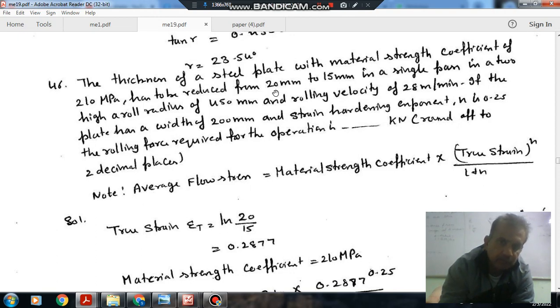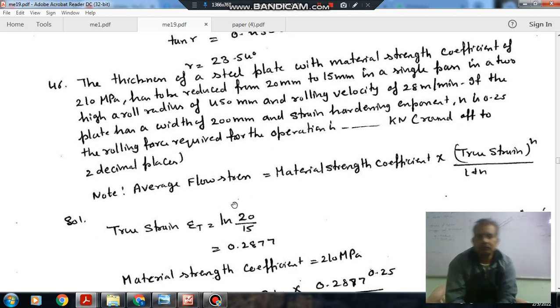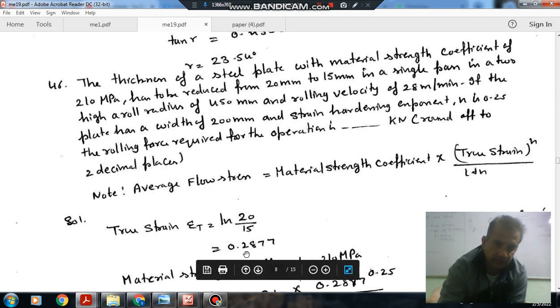Ti is 20 and Tf is 15. In rolling operation, width remains constant and the length ratio is the reciprocal of the thickness ratio. So the true strain is this quantity, that is 0.2877.